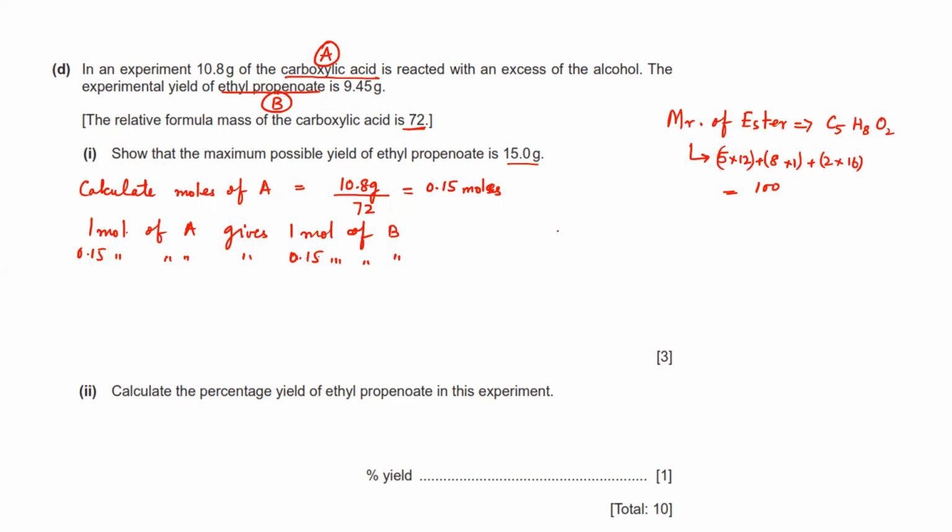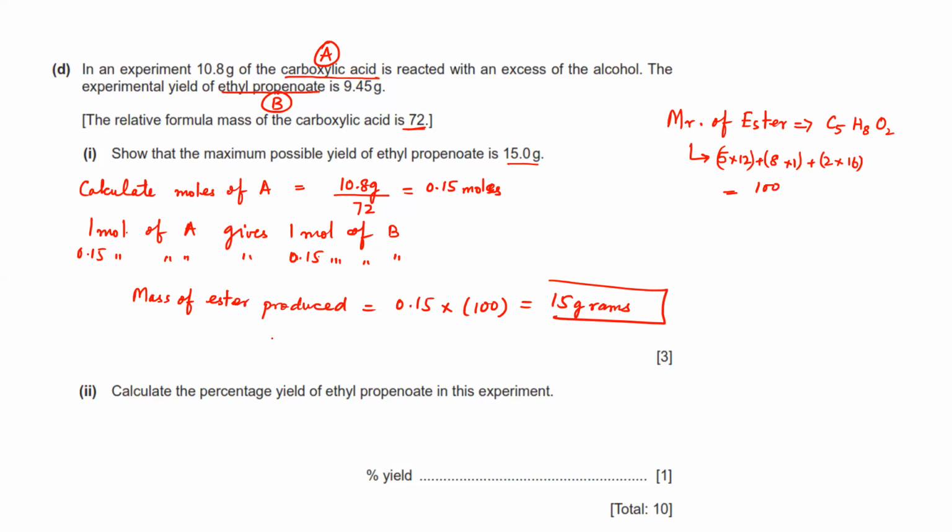So the mass of ester produced is 0.15 moles multiplied by Mr of ester, that is 100, and that will give me 15 grams.